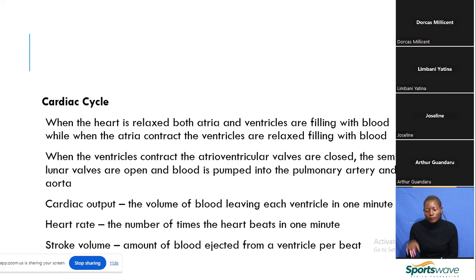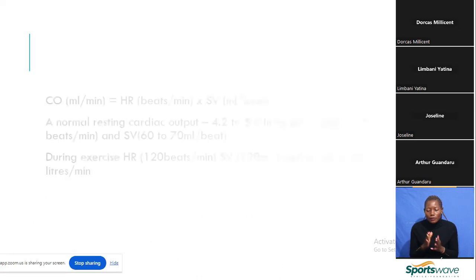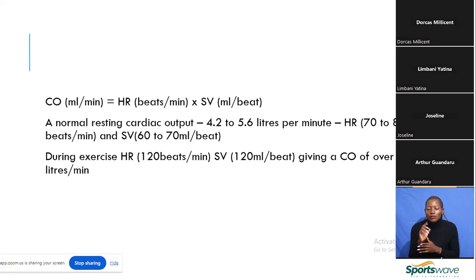Remember, cardiac output is the volume of blood leaving each ventricle in 1 minute. Heart rate is the number of times the heart beats in 1 minute. Stroke volume is the amount of blood ejected from a ventricle per beat. So, heart rate times stroke volume gives you cardiac output.